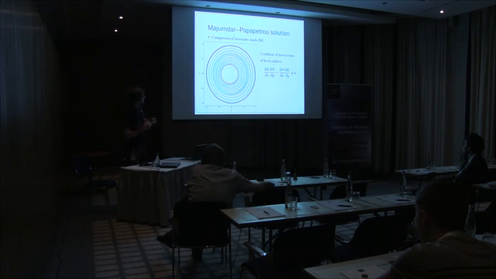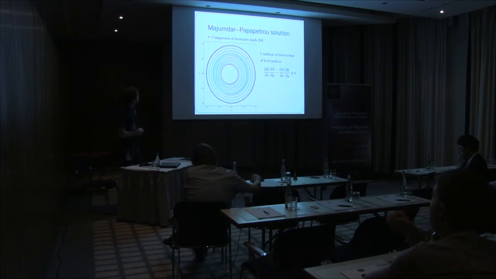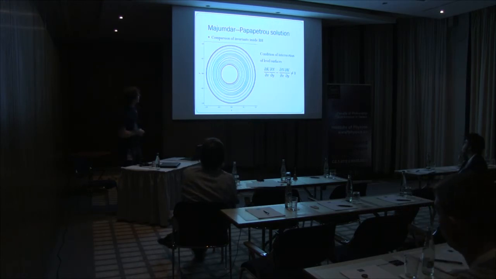For the intersection of the levels of constant value, we need this equation equal to 0, and we can show for any invariant, for example k and u, just choose any of them, this equation is not equal to 0.